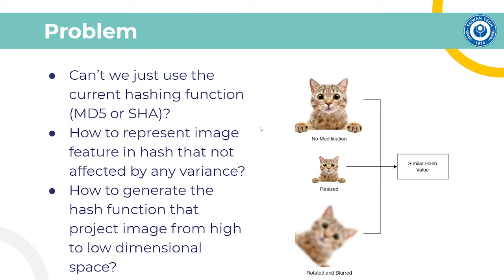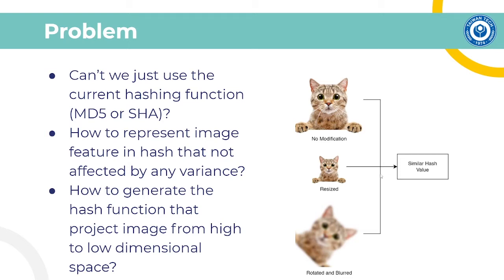That is a problem because we want the hash from similar semantic images to have a similar hash value. We don't want these hash values to be very different.